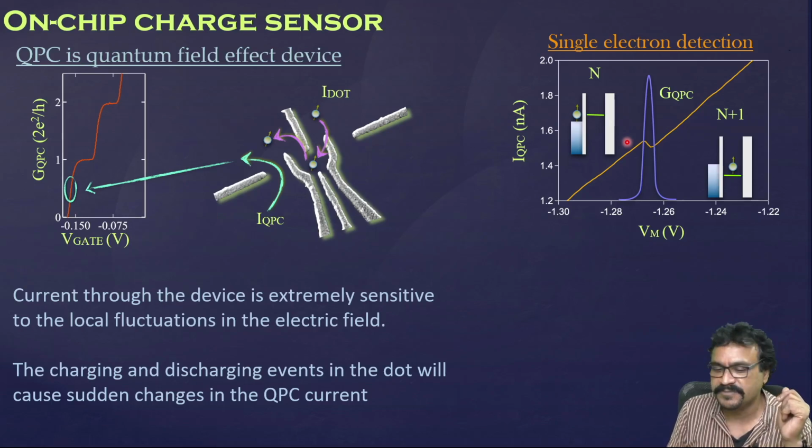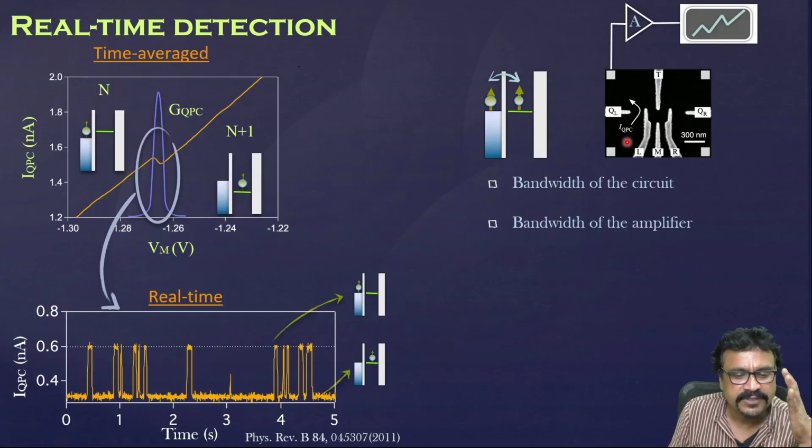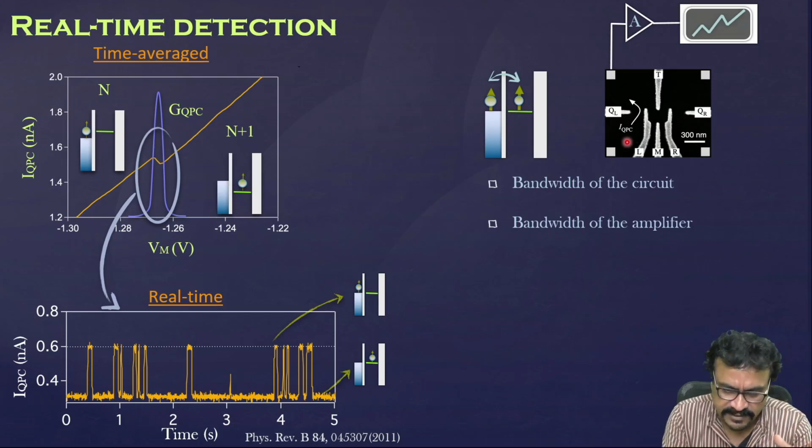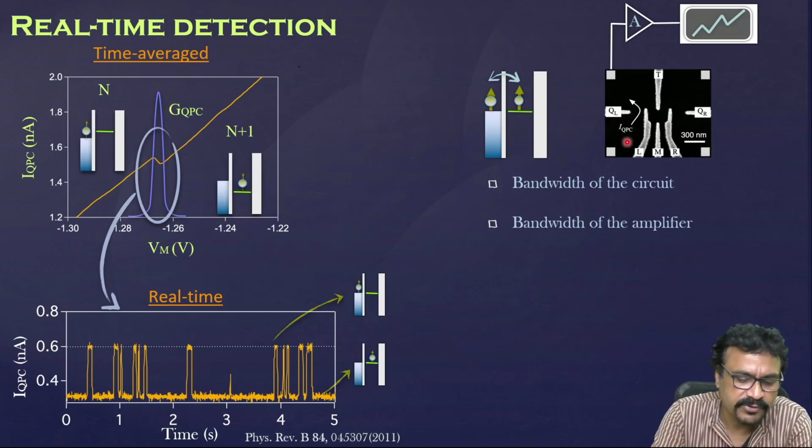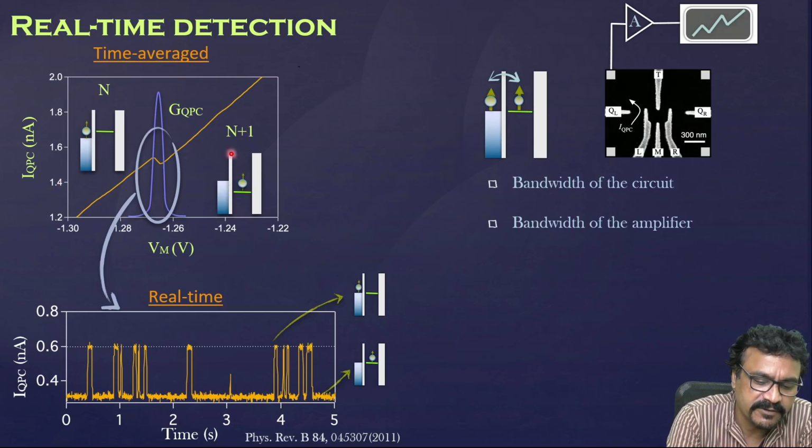All right. Now, remember in the previous view graph we saw this picture where you have the dot on this side, with the electron inside the dot. When you make the gate voltage more negative, you push this level up, and then the electron tunnels out. But this is a very slow process, right?